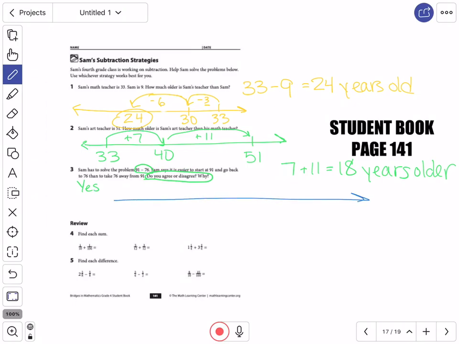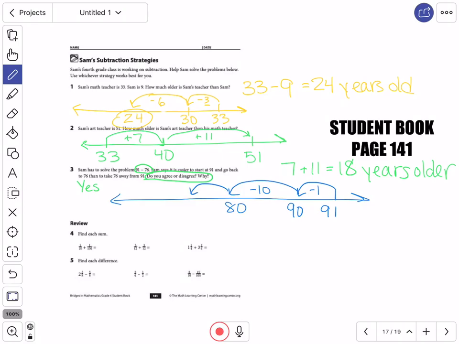So if I solve this one on a number line, I've got 91, and I'm trying to take away 76, right? Well, I'm just going to jump to 90 because that's an easier number to work with. So I've already taken away 1. I'm not close enough yet, so now I'm going to take away 10 just to get to 80. So I'm trying to get closer to 76.